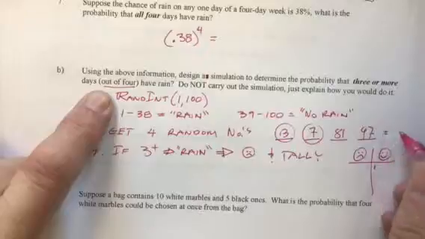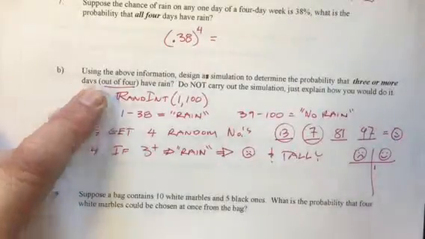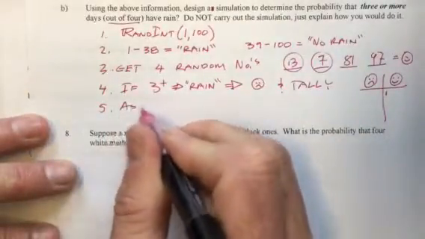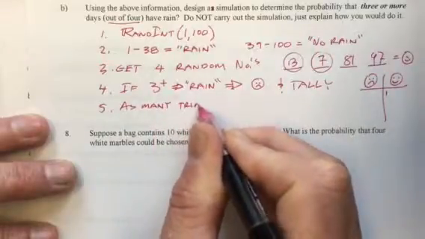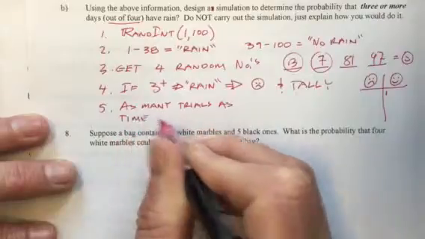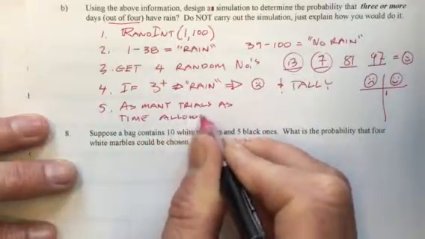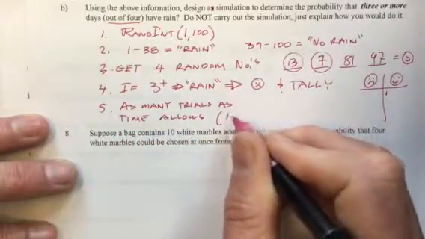So this equals no, because it's not 3 or more days of rain. Then as many trials as time or money allow. Maybe 100. All right.